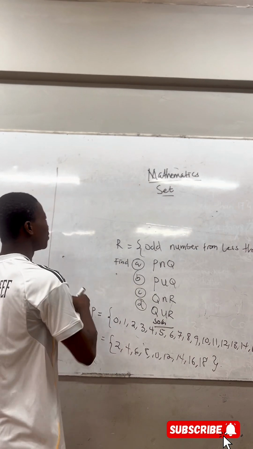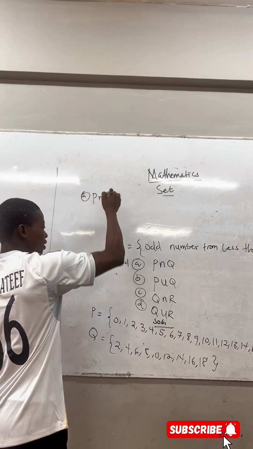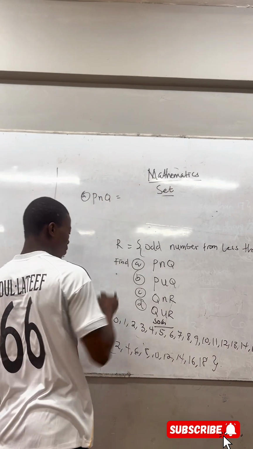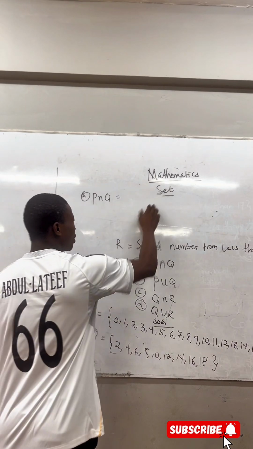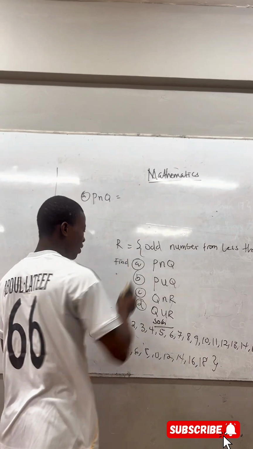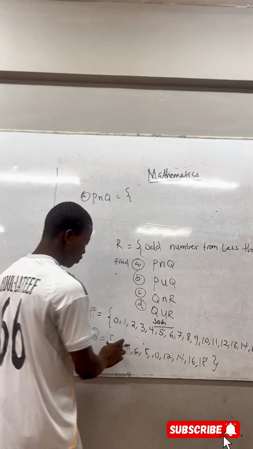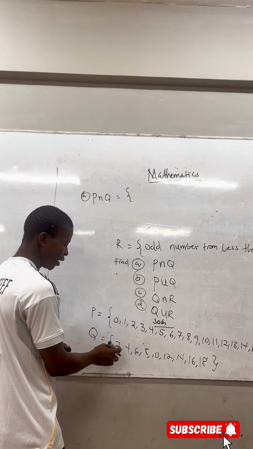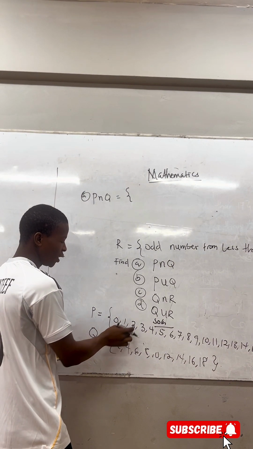Now we have the first one, A, which is P intersection Q. What is in P and at the same time in Q? We have 0 here, we don't have 0 here. We have 1 here, we don't have 1 here, but we have 2 here and 2 here.